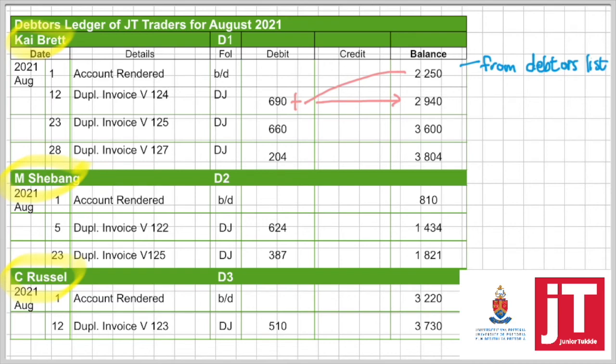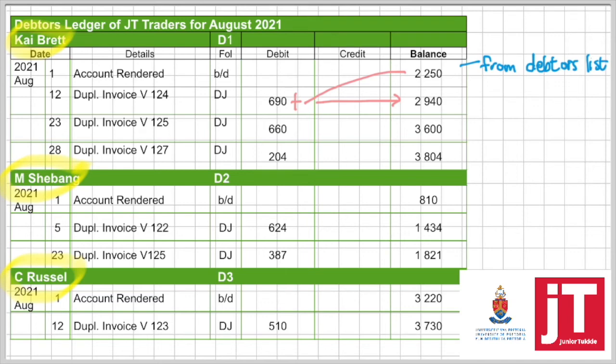Now to get the new balance, you're going to have to say the previous balance plus the new invoice of 690 will give you the 2,940. Then on day 3, we sold to Kybrate again and we issued him or her invoice number V125, total sales amount of 660. Now we don't record the cost of sales in the debtors journal because that's not what they owe us. They owe us the full credit sales amount, and that will be the selling price.